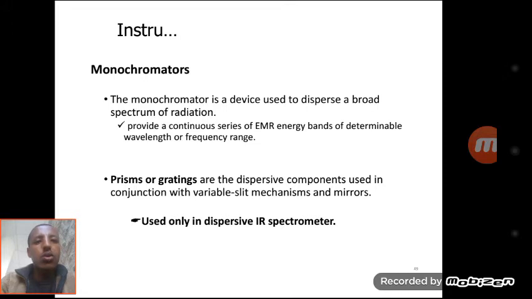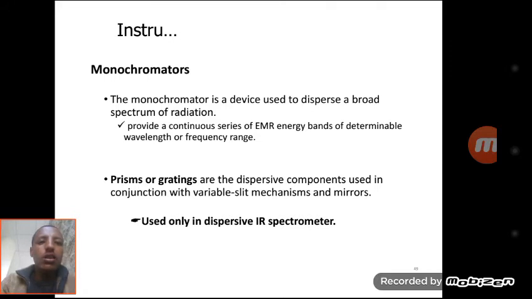These monochromators are used to disperse a broad polychromatic spectrum of wavelengths or frequencies into monochromatic wavelengths or frequencies, providing a continuous series of electromagnetic radiation energy bands of determinable wavelength or frequency range that have specific wavelengths to pass through the sample.